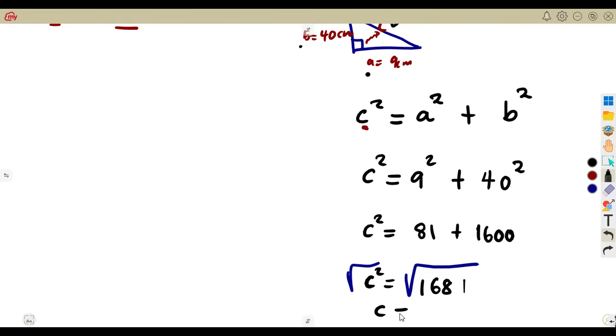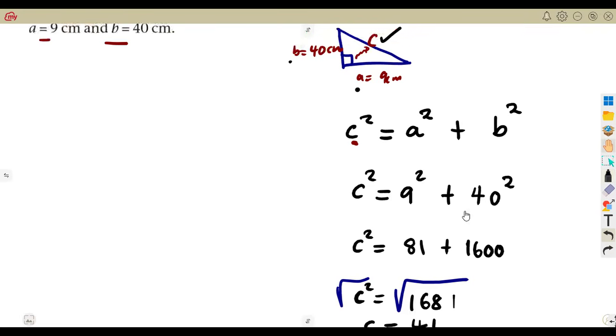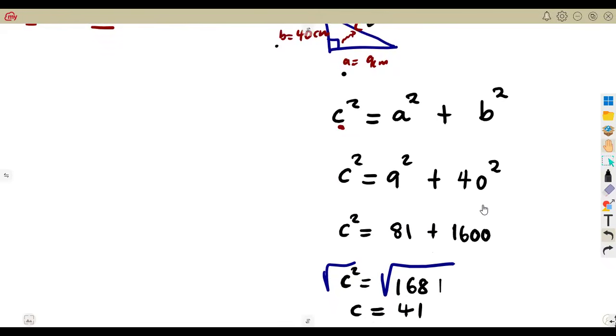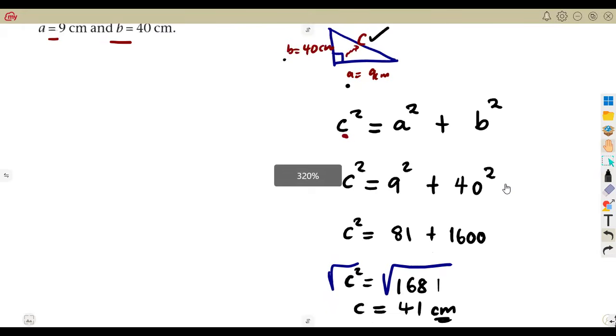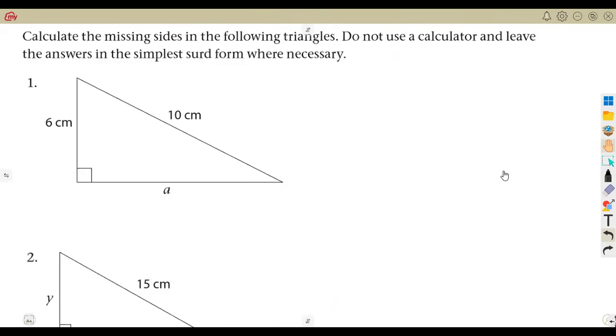That was going to give us the value of C. So determining the square root of 1,681, that was going to give us 41. We can have that one as an exact value. So it was going to give us what? 41, which is in centimeters, as we had other units before. So this is how we can simply evaluate or simplify for the given hypotenuse.